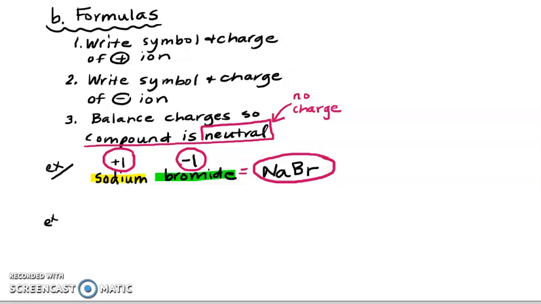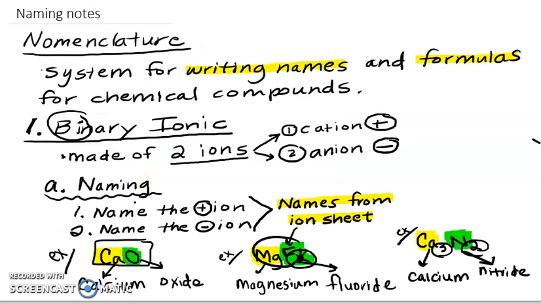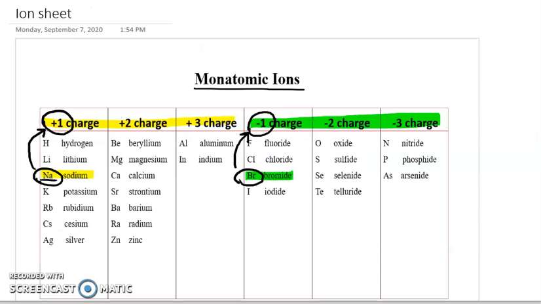Now let's do another example. This time, let's do sodium oxide. And let's look this up. So I'm going to go to my ion sheet. Remember it says in step 1, write the symbol and charge of the positive ion. So sodium we just did, it's Na with a +1 charge.